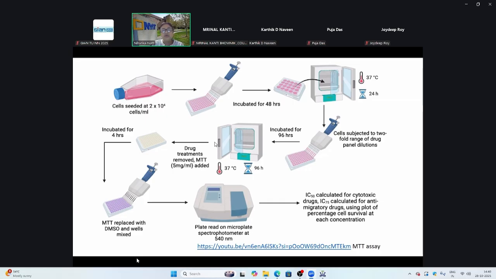Then you remove all the medium, but the cells are sitting at the bottom, and you add yellow colored MTT to all of them. After 4 hours you add a solvent, and whichever is a happy, growing cell will become more purple. That which is not growing, or is dead because of the drug, will become less purple. A spectrophotometer reading will check the intensity of the color.